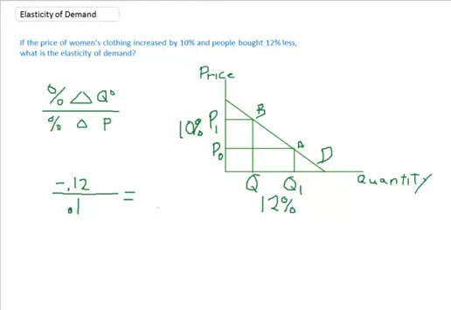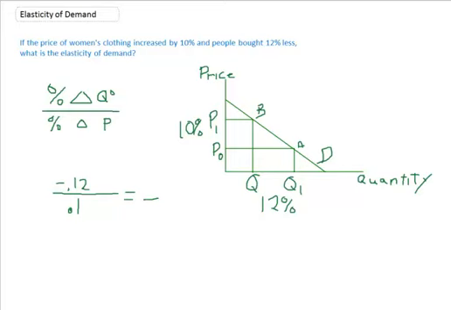We normally treat the elasticity of demand as an absolute value, but right now I'm going to use negative numbers. The negative number just means, look, the demand curve's downward sloping. So this would equal a negative 1.2, if I calculated correctly.